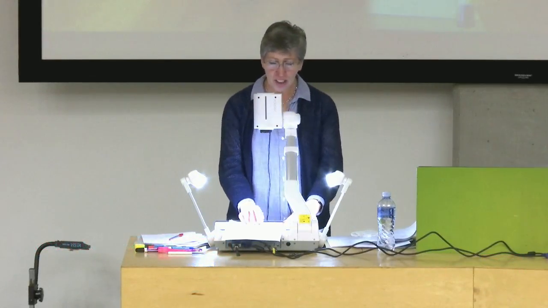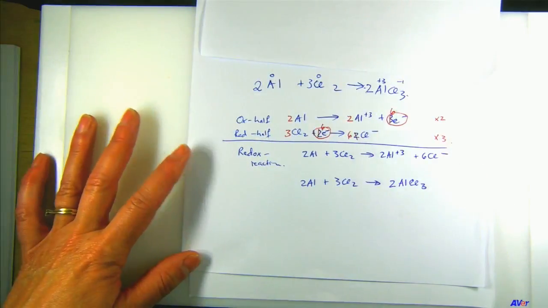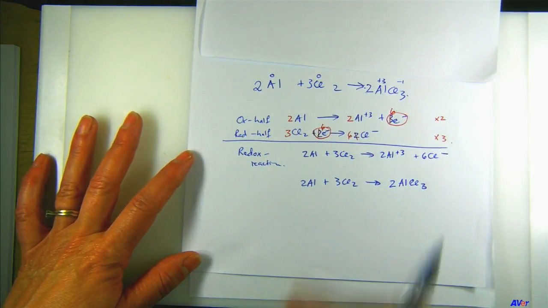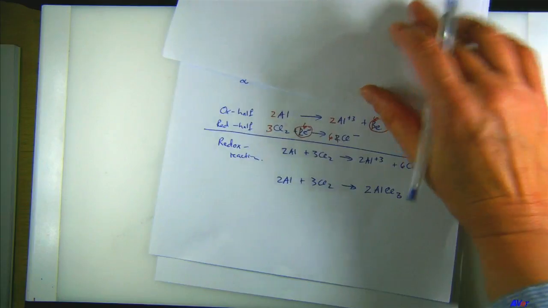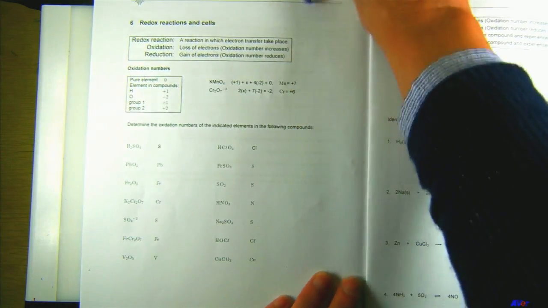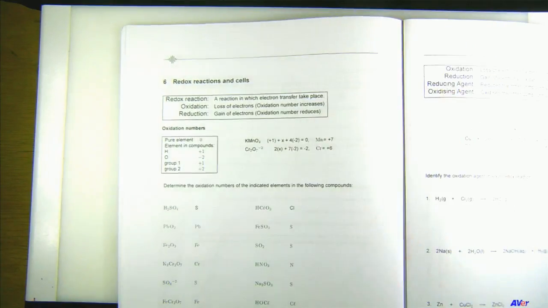So we are going to use the charges to work out what happened with the electrons. Now, sometimes when you look at charges, we are going to work with things that are not ionic. If you go to the first page that we're working on, page 44.